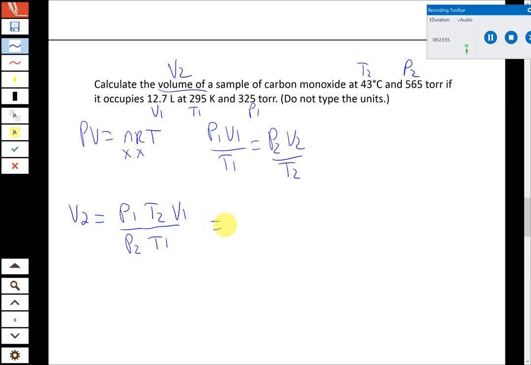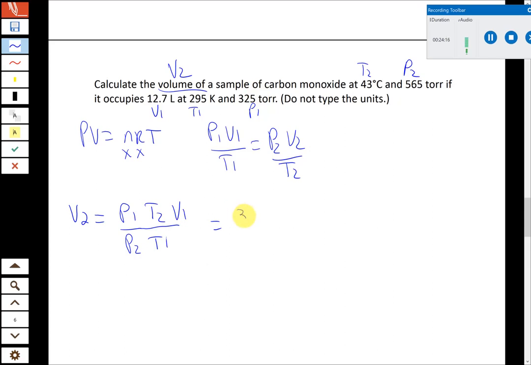All right, so let me double check that I did that right, that looks correct, and then we're going to start putting numbers in. The key here for units, which we always have to pay attention to in these types of problems, is that P1 and P2 can be whatever they want as long as they're the same, because it's a ratio of 2 pressures. They're both given to us in torr, so let's just use that.